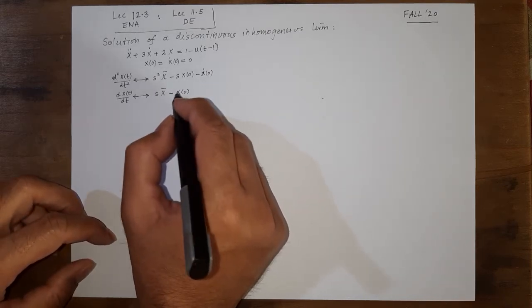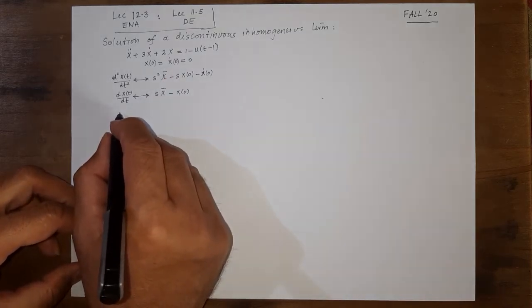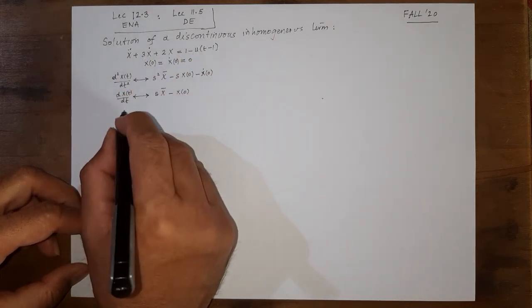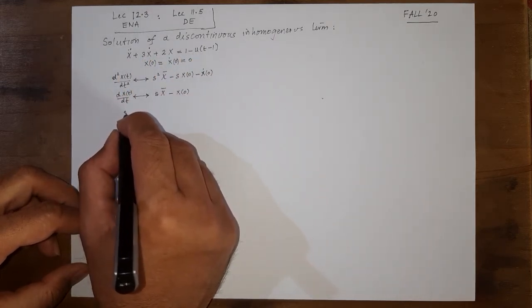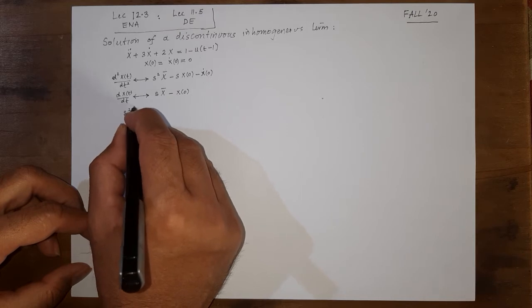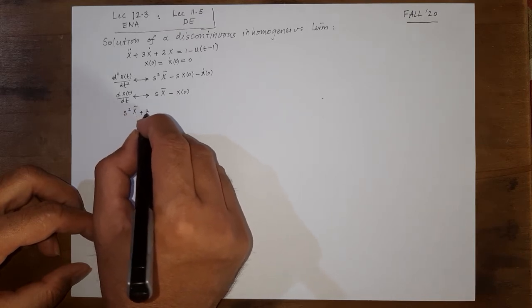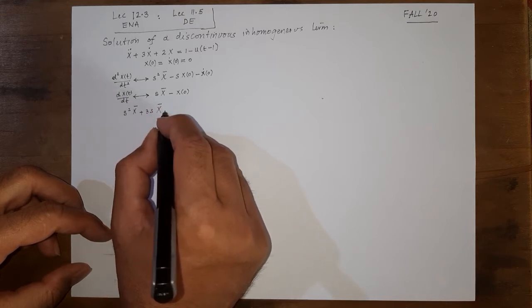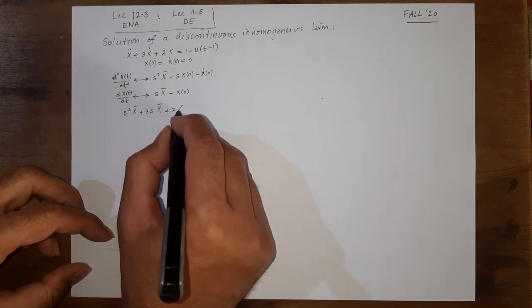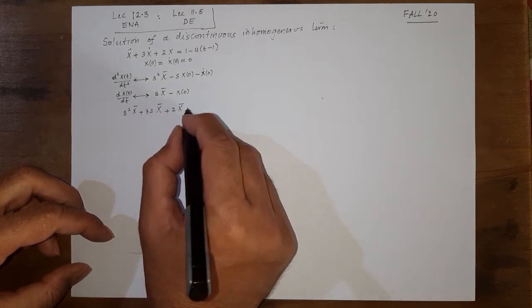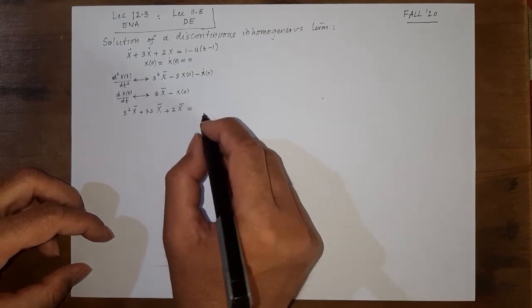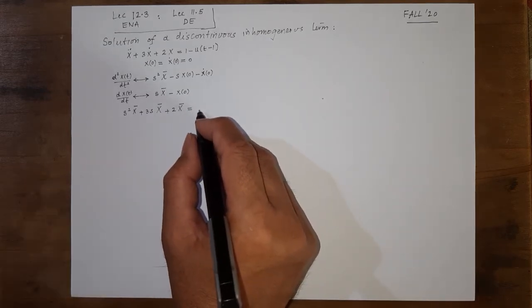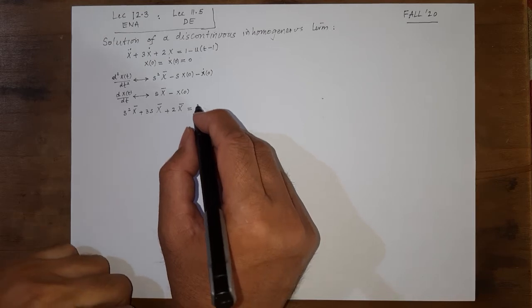So since these are 0, if we apply the Laplace transform to this whole thing, we are going to get s squared capital X plus 3s capital X plus 2 capital X is equal to, now what will be the Laplace transform of 1?